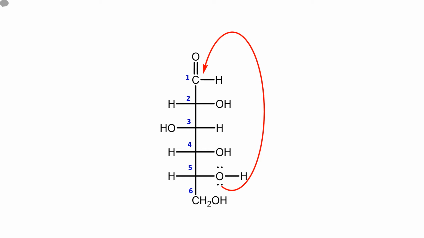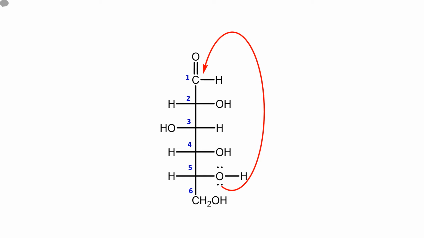Now when doing this, this oxygen is now sharing electrons with that carbon. Remember, anytime atoms share electrons, they form covalent bonds. This oxygen shares the electrons with the carbon of the aldehyde functional group because it is the most reactive position in this molecule. This position is also referred to as the anomeric carbon atom.